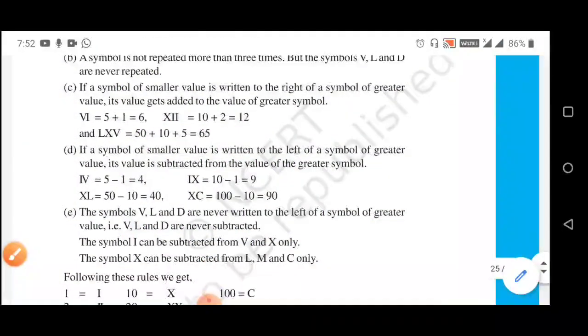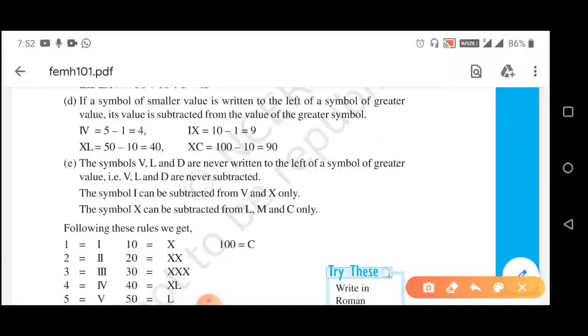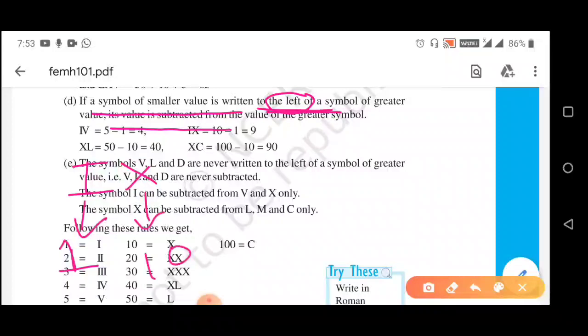The next rule is, if a symbol of smaller value is written to the left of a symbol of greater value, its value is subtracted from the value of the greater symbol. If we consider IX, it is for 9, we all know. Here I is for 1 and X is for 10.